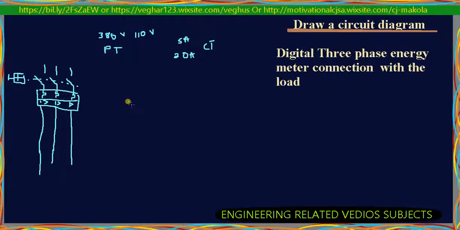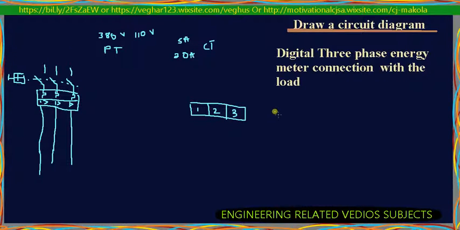Now the energy meter has numbers on it, and we normally indicate the numbers when we connect the energy meters. We have numbers like 1, 2, and so on, it depends.